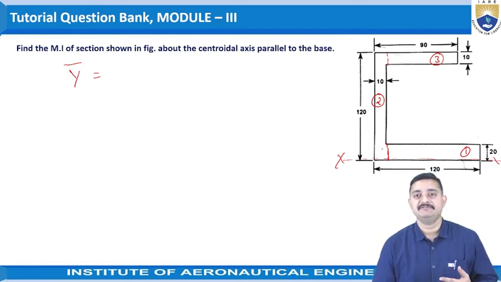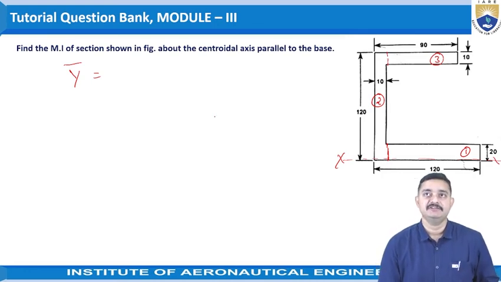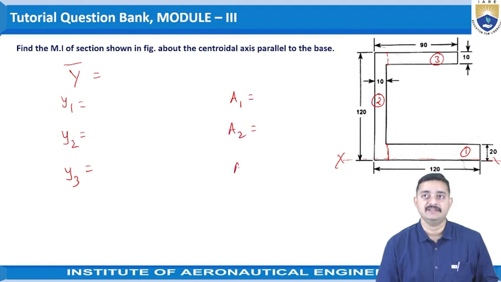Now, we will identify the centroid's distance of each individual part from the x-axis alone. That means y coordinate alone we are going to consider. So for identifying this, we need the values of y1, y2 and y3. Also, we need the values of a1, a2 and a3.